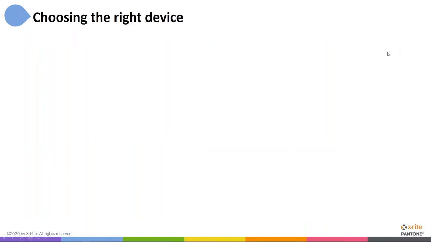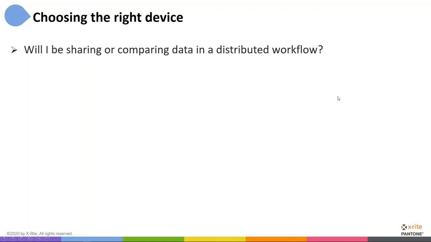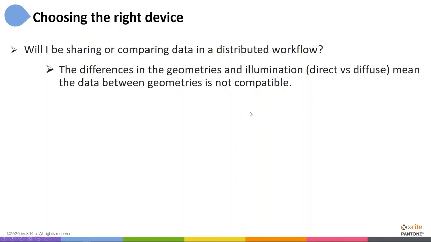Now, all of that leads us to choosing the right device. To start with, the first question always has to be this: will I be sharing or comparing data in a distributed workflow? The differences in the geometries and the illumination, the direct of the 45-0 or the multi-angle versus the diffuse of a sphere, mean the data between the geometries is not compatible.